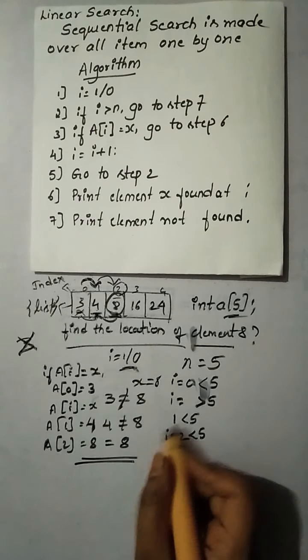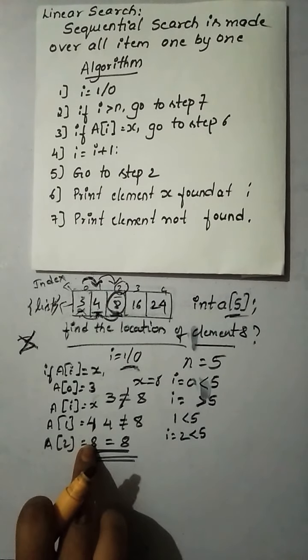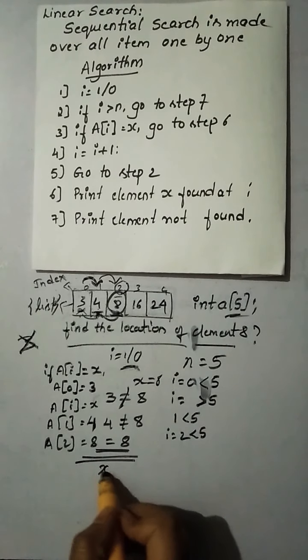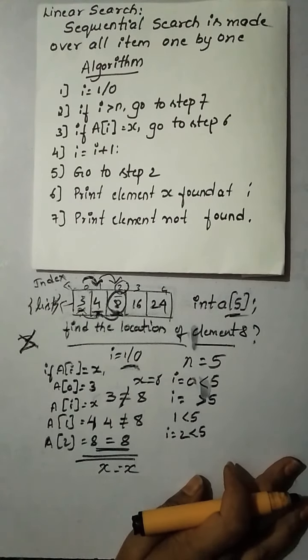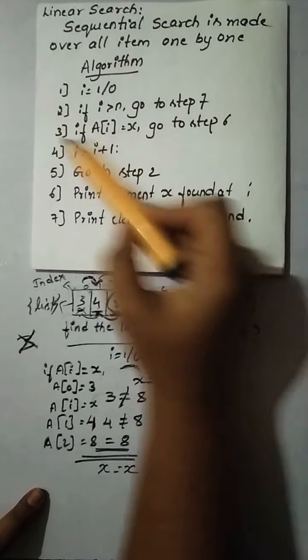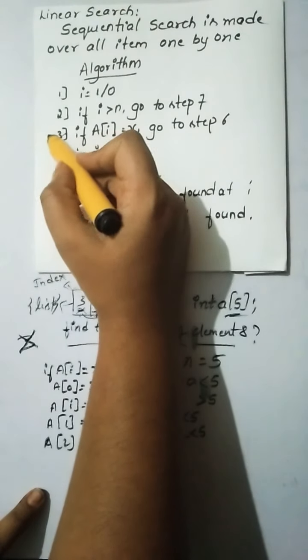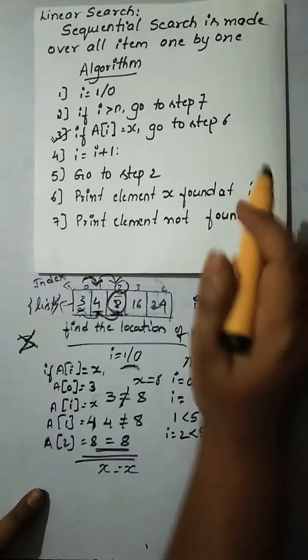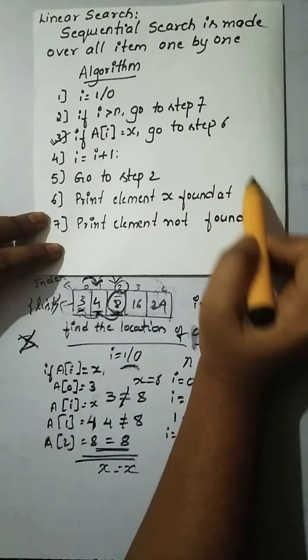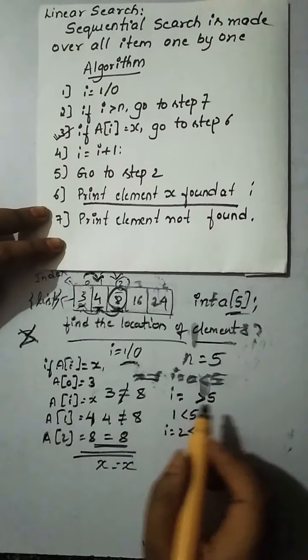It matches. So the third step is successful, hence go to step 6: print element x found at I.